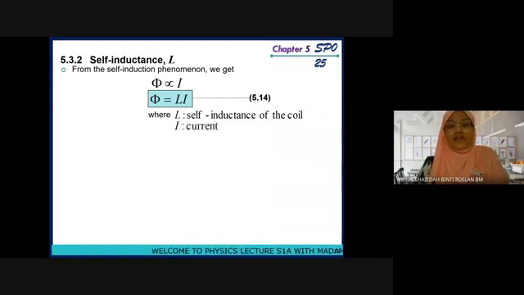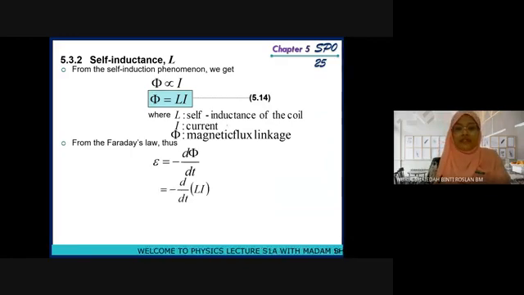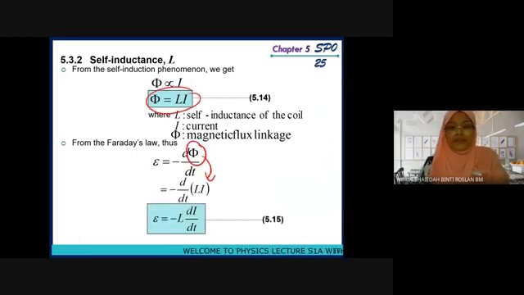L is the self-inductance, I is the current, phi is the magnetic flux linkage. From Faraday's law, EMF equals negative d phi over dt. So phi equals LI, and you substitute LI here. Because the change is only for the I, L is brought to the front, so you get EMF equals negative L dI over dt.